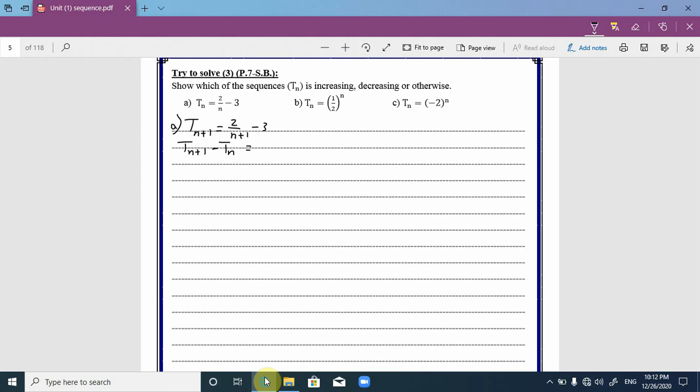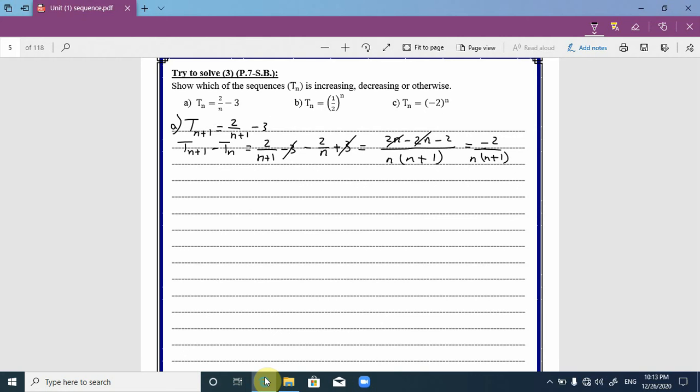Okay, let's see. 2 over n plus 1 minus 3, minus 2 over n minus 3. Cancel the 3 with the 3 and find the common denominator n times n plus 1. By cross multiplication, n times 2 minus 2 times n plus 1, with the negative sign, so 2n minus 2n cancels, and the result is negative 2 over n times n plus 1.